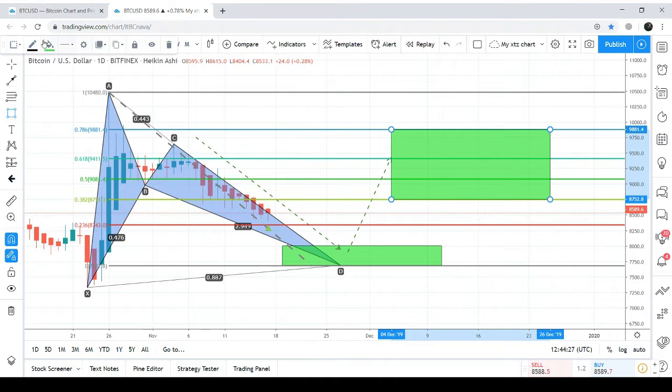So this is our sell zone, the area where we can sell. And if the price action crosses up this area of 0.786 Fibonacci, then Bitcoin can move up to the 11,000 or 12,000 levels. But since we are looking for a short-term or mid-term trade, we can buy here and sell here.